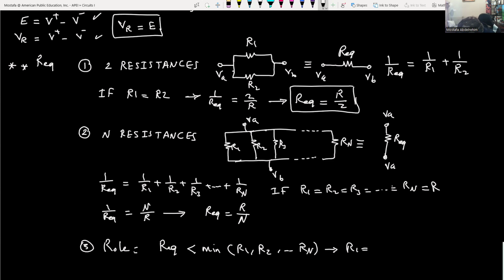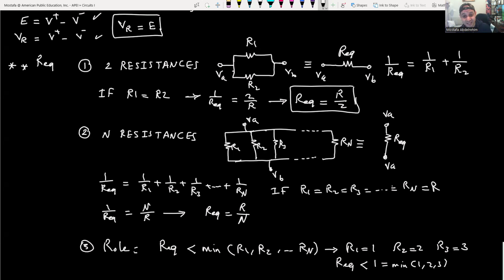For 3 resistances, for example, R1 is equal to 1, R2 equal to 2, R3 equal to 3. So R equivalent must be less than 1, which is the minimum between 1, 2, 3. Just calculate it. You're going to find it less than 1. Okay? I'm going to leave this to you.